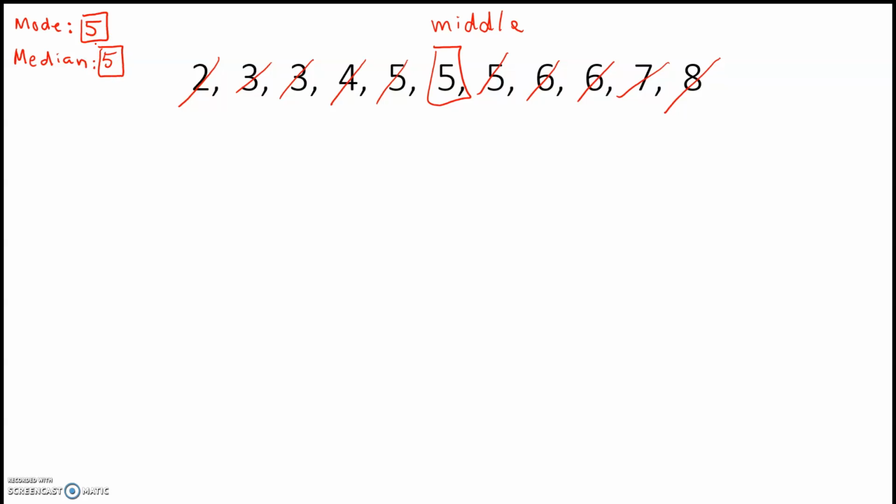Okay, when you have one number in the middle, when you're trying to find the lower and upper quartile, you're going to get your interquartile range from this. And then next week, you're going to use this to actually make your box and whisker plot. So you'll need this for next week too.